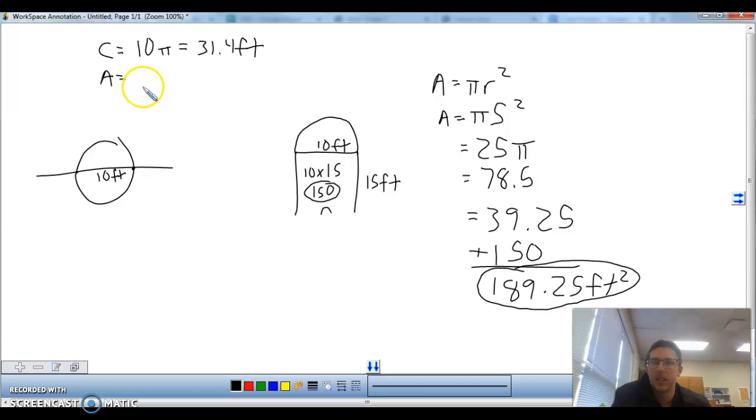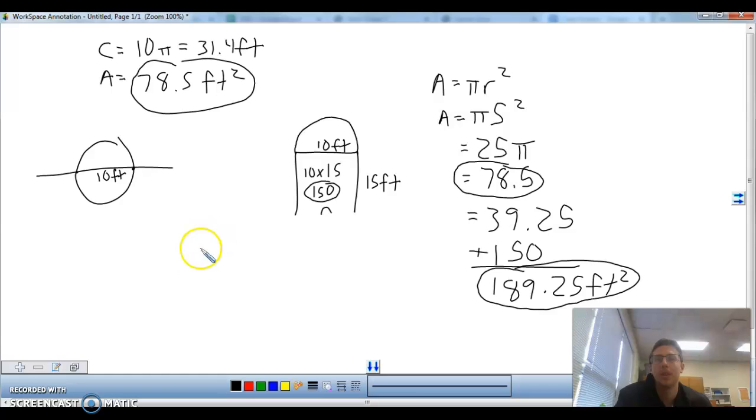Area of this, well, we just found that, right? Now it's the whole 78.5 square feet, because we have the whole circle. So be careful with that.